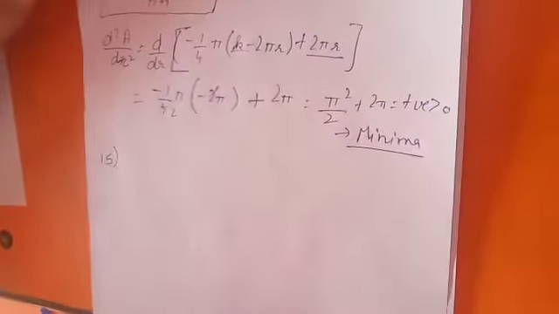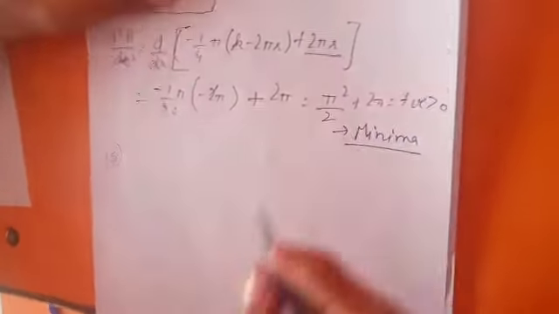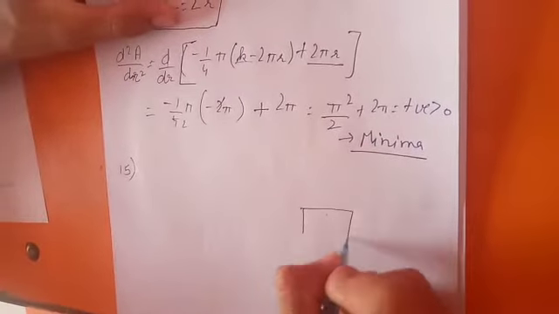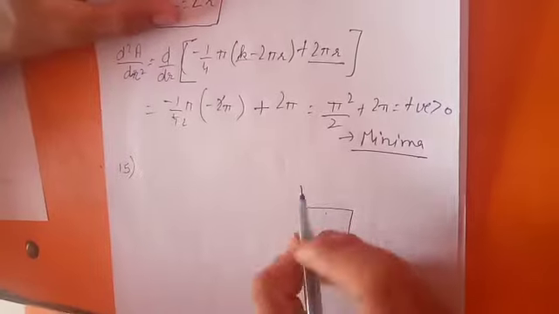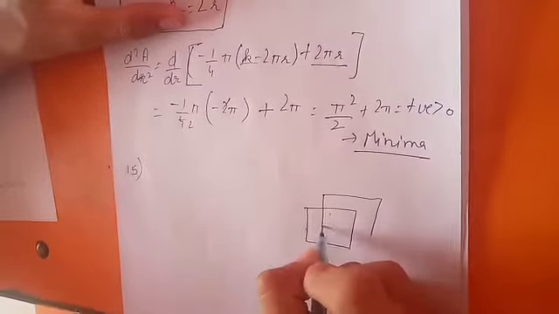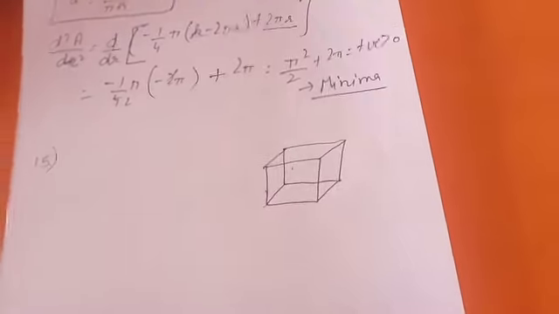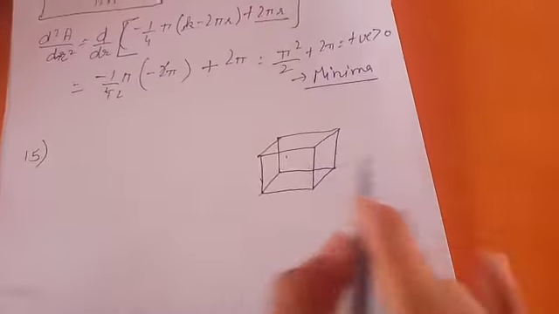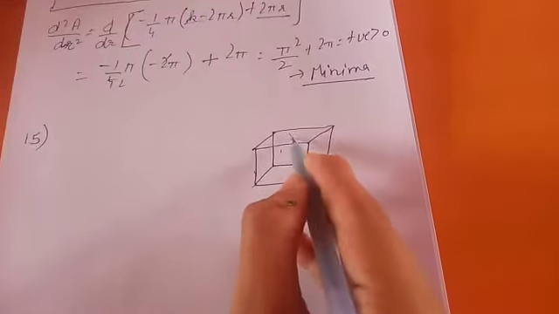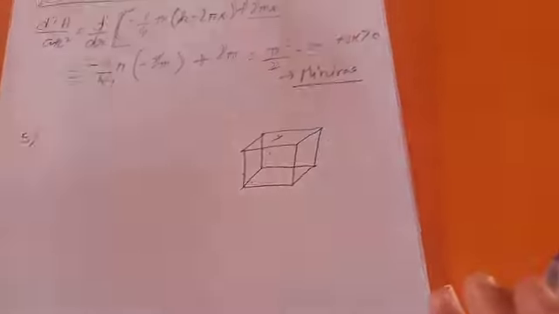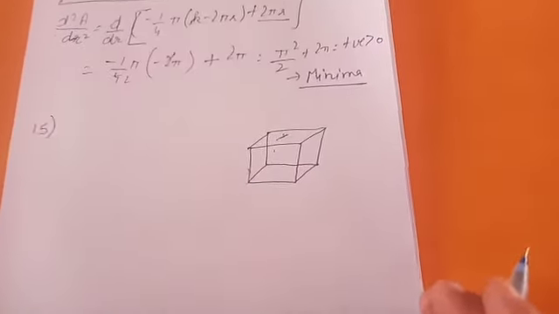Okay, what they are saying is that we have a tank, we can say it is either a cube or a cuboid, but they have told us about this tank that it does not have a top. Okay, means it is open from upside.